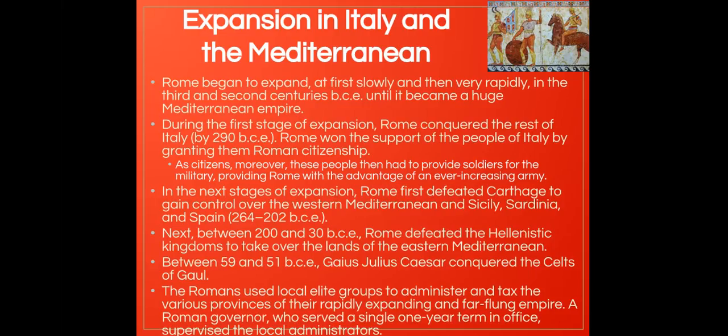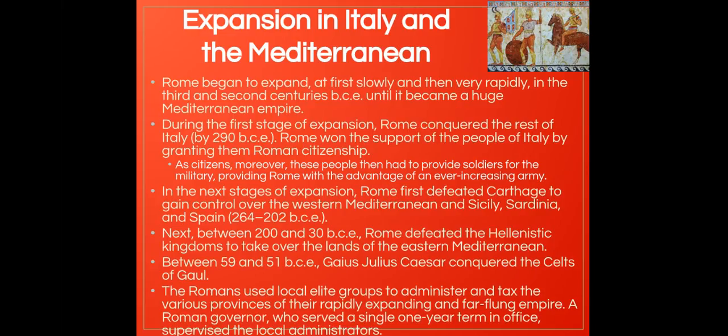In the next stages of expansion, Rome went up against Carthage. And this expansion would actually last from 264 to about 202 BCE. The First Punic War is Rome versus Carthage, and that would last from 264 to 241 BCE.